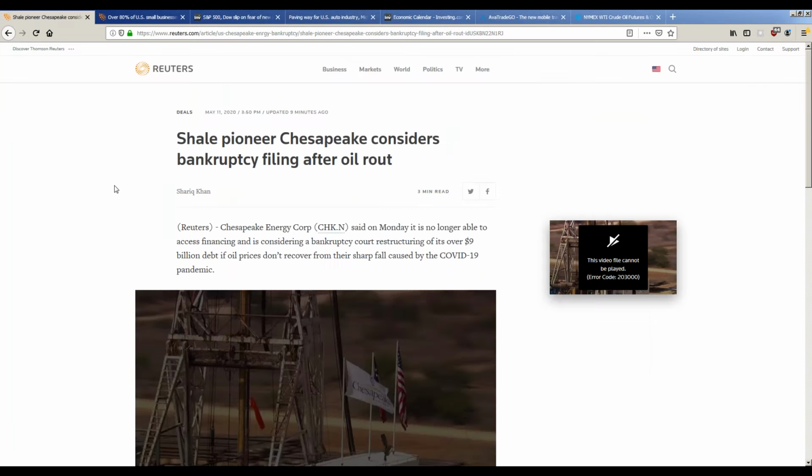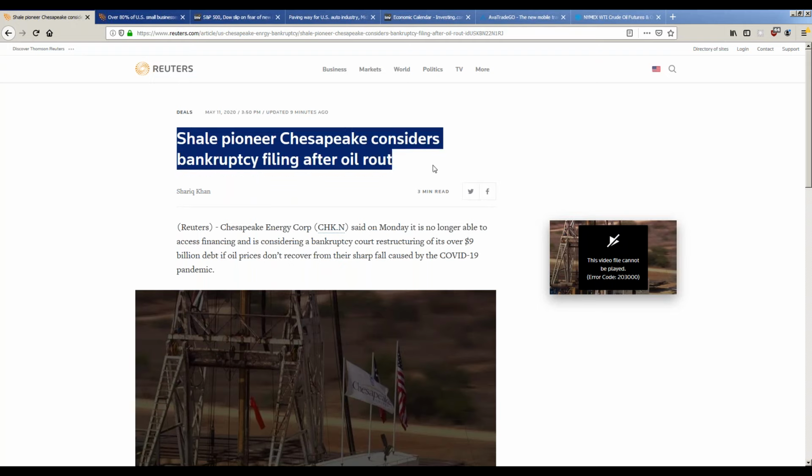Now, if we take a look at some of the headlines: shale pioneer Chesapeake considers bankruptcy filing after oil rout. This is the picture with a lot of the shale industry in the US and any place else around the world, because it's not as easy to extract oil from shale as it is to drill it from the ground.